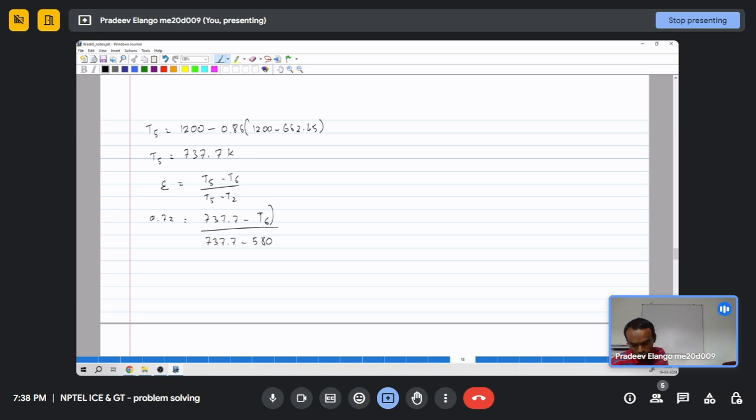So this is the heat transfer, right? Heat transfer is T5 minus T6. This is the actual heat transfer, and that is what we need to find. So we can directly write the heat transfer as 0.72 times 737.7 minus 580. Can you calculate the heat transfer?